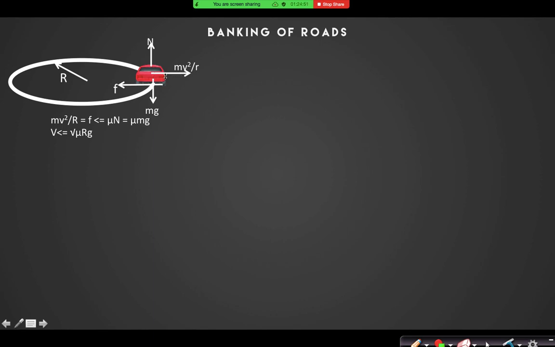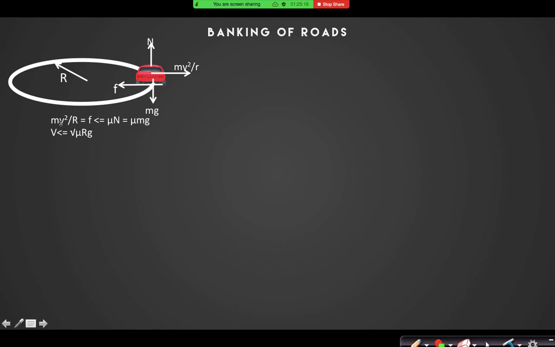Now, if I ask you what the equation is in that rotating reference frame, I will write that F is equal to mv square by r, but F definitely has a certain limit. So F is less than or equal to mu into N. So v should be less than or equal to under root mu rg, right? You can see that in this particular case, the maximum speed of the car can be root over of mu rg, right?